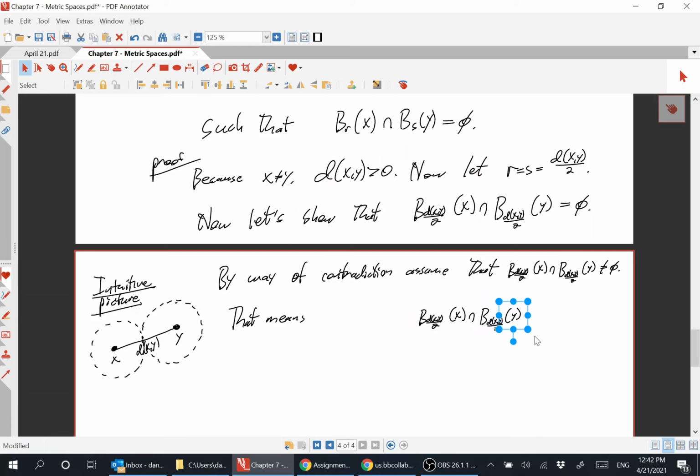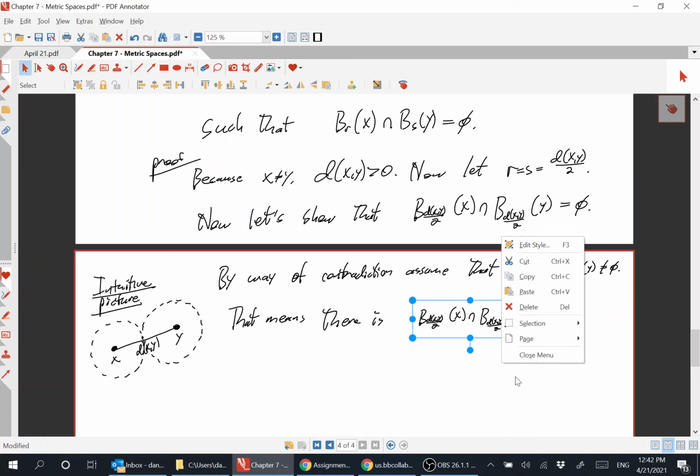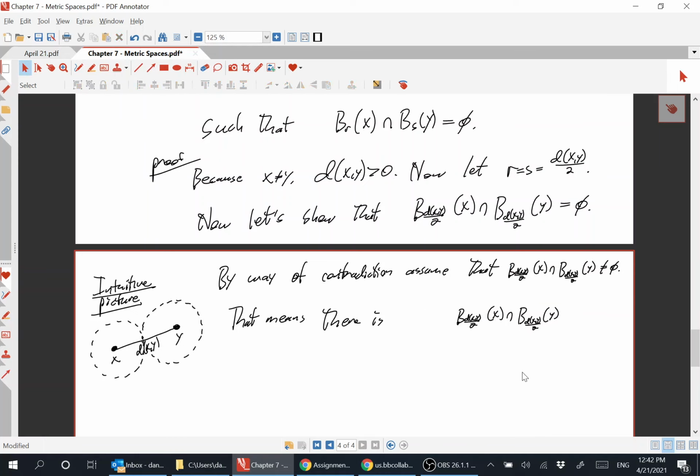What exists if the intersection of these two sets is non-empty? It's a subset with something in it. Right? There is some z in the intersection of those two sets.